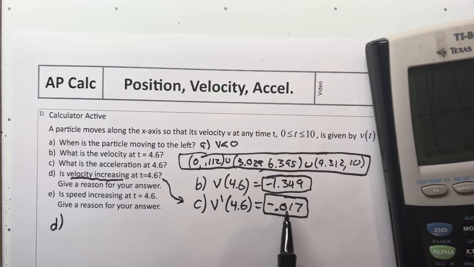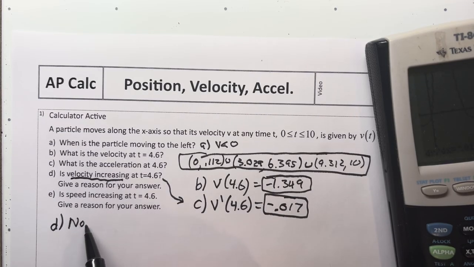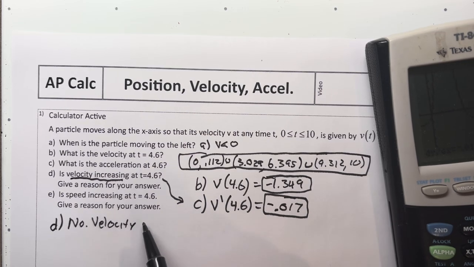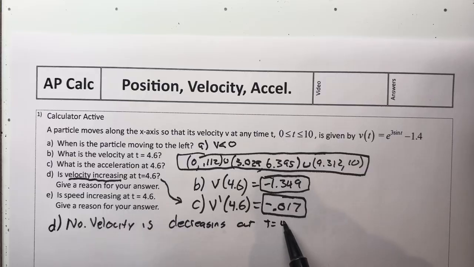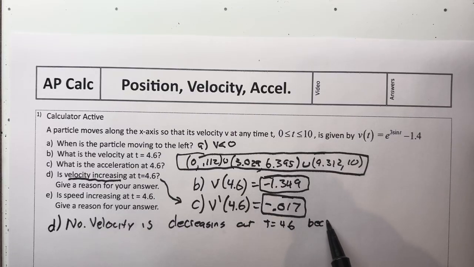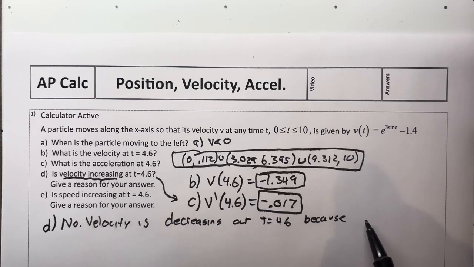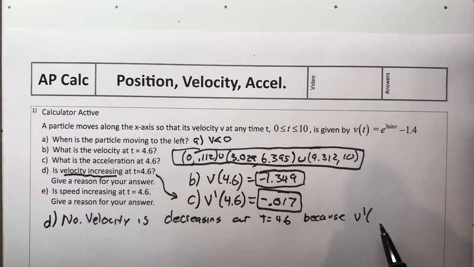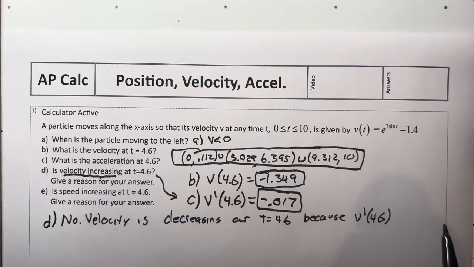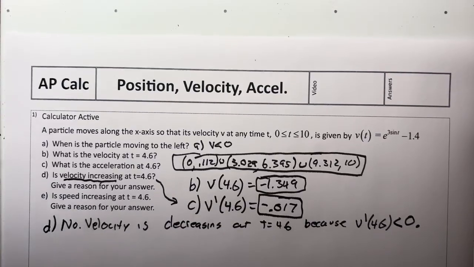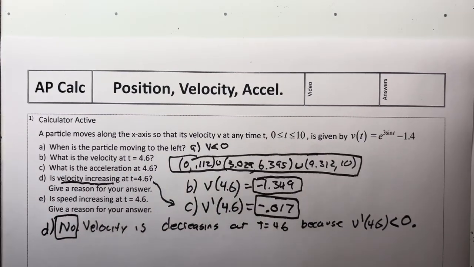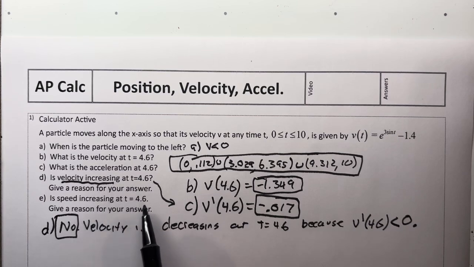So since it's negative, we're going to say no. Velocity is decreasing at t equals 4.6 because v prime of 4.6 is less than 0. Answer no.